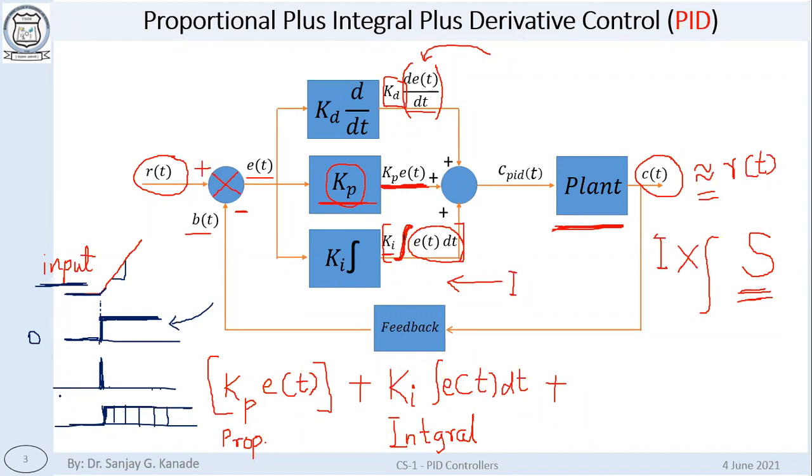So integration of impulse is step. Derivative of step is impulse. This is the idea behind whatever we have talked about earlier.